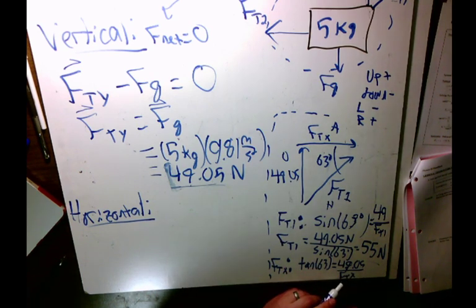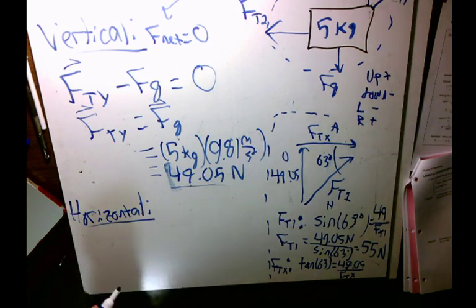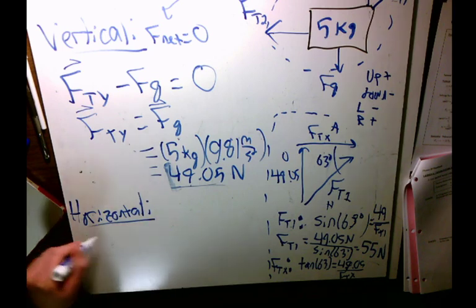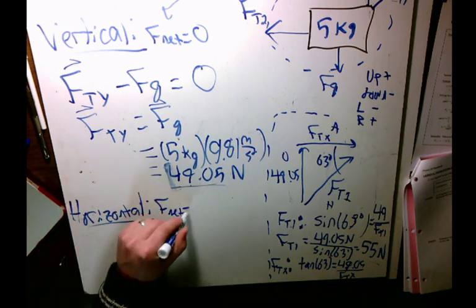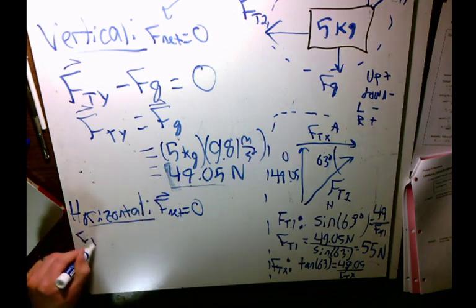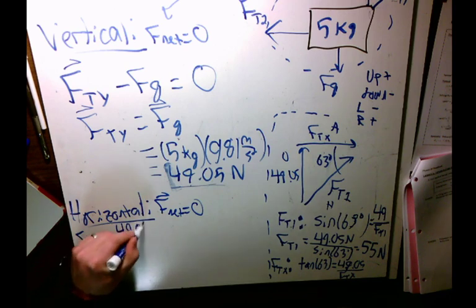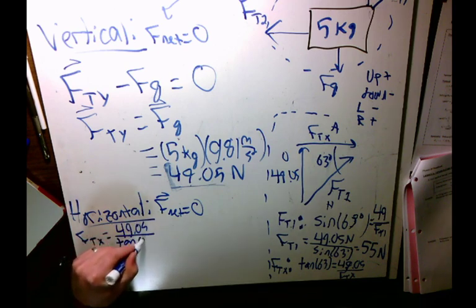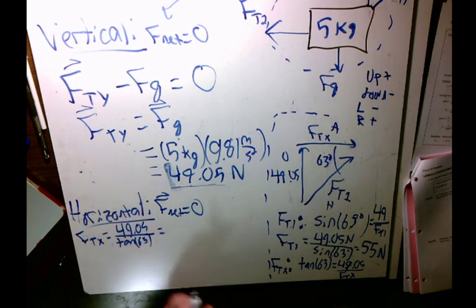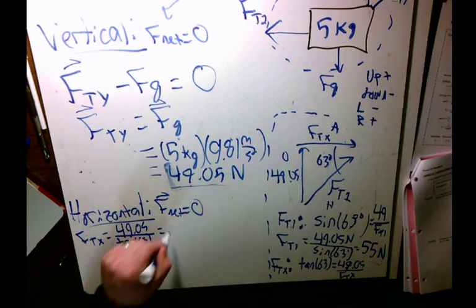So again, we multiply both sides by the x component, divide by the tan 63, and we get our x component is equal to 49.05 divided by tan 63. So this is still Newton's first law. Our x component is 49.05 divided by tangent 63, which comes out as 25 newtons.